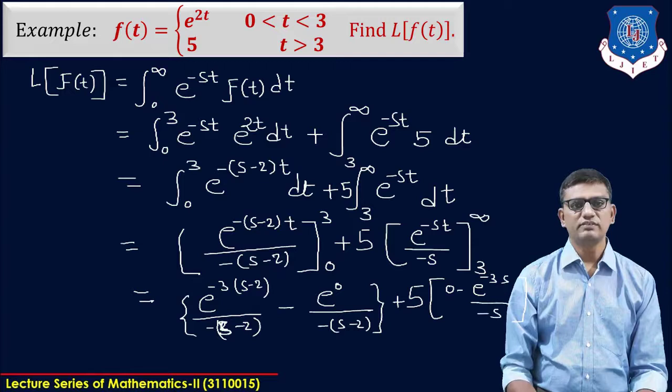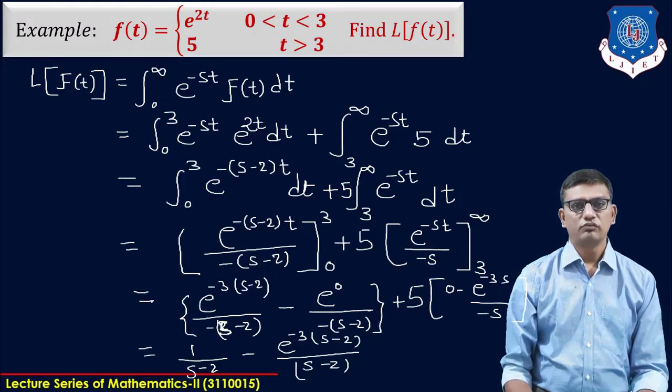Now we finally simplify this term, then we get 1 upon s minus 2 minus e raised to minus 3(s minus 2) upon s minus 2, plus 5 times, this minus will be plus, e raised to minus 3s upon s.